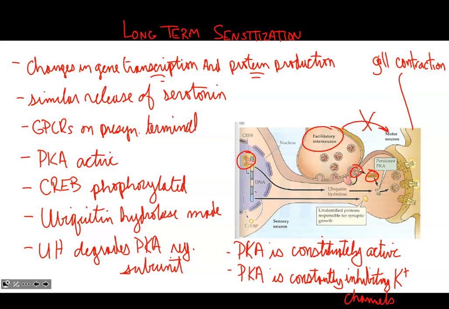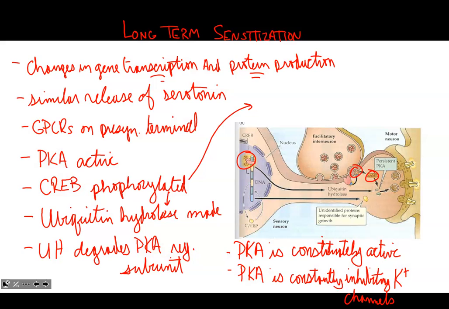The other thing that happens here, so once CREB is phosphorylated, we said that ubiquitin hydrolase is produced. The other response that's CREB dependent, another target of CREB, right, so I'm running out of room, but I'll draw CREB phosphorylation here, leads to activation of another transcription factor called C/EBP. So C/EBP is also a transcription factor, as is CREB, and it's going to induce the production of mRNA from different genes than CREB does.